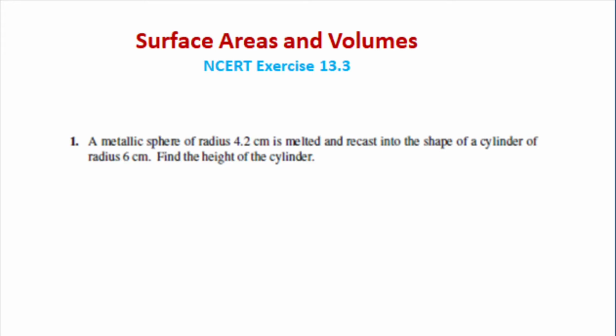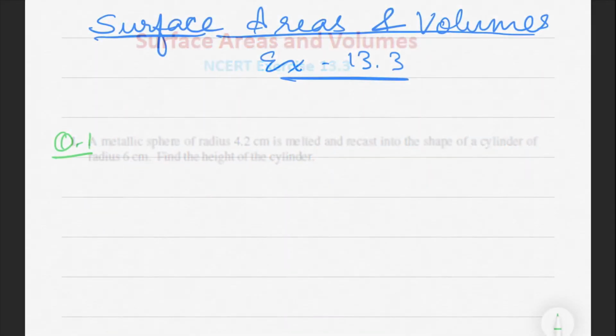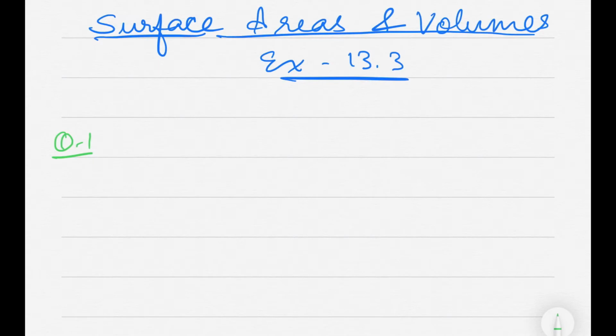It says a metallic sphere of radius 4.2 is melted and recast into the shape of a cylinder of radius 6 centimeter. Find the height of the cylinder. So in this exercise, mostly the questions will be of conversion of one type of solid to another, so changing different shapes.